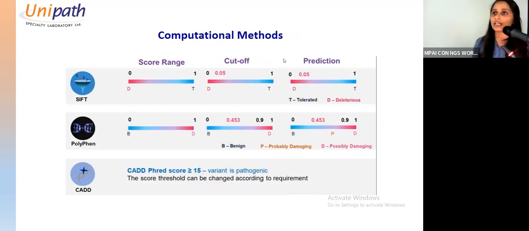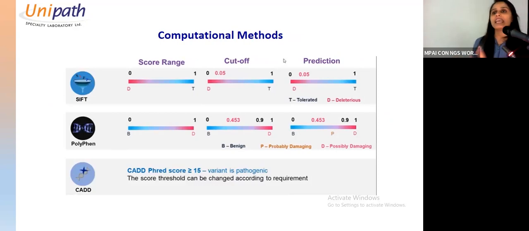One is the prediction tool, like SIFT, which also works on insertions and deletions. SIFT and PolyPhen have different scoring. SIFT gives 0 when it is deleterious, and PolyPhen gives a score of 1 when it is deleterious.